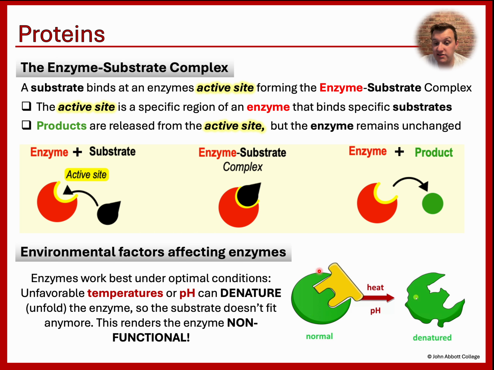Do you see this nice protein in green? This is an enzyme. It's binding this yellow substrate. If there's denaturation, heat or pH changes, that could denature the protein. And now, all of a sudden, this yellow little substrate doesn't fit into here anymore, right? That's called denaturation, denaturing the enzyme.